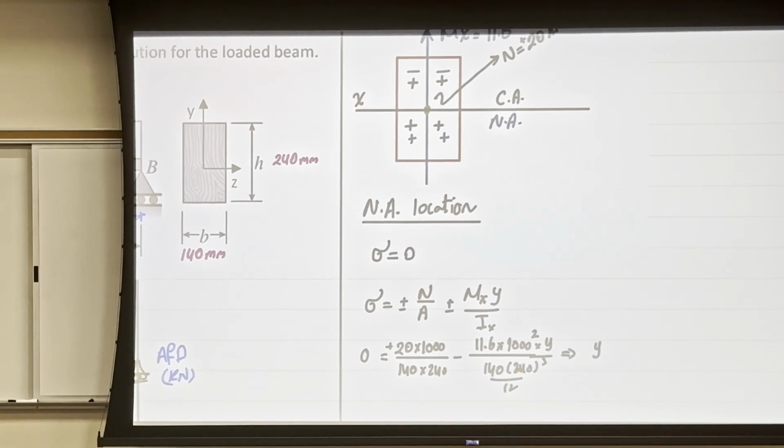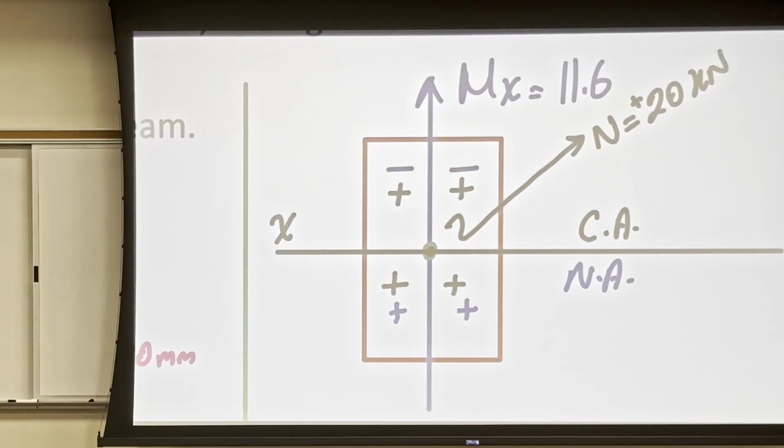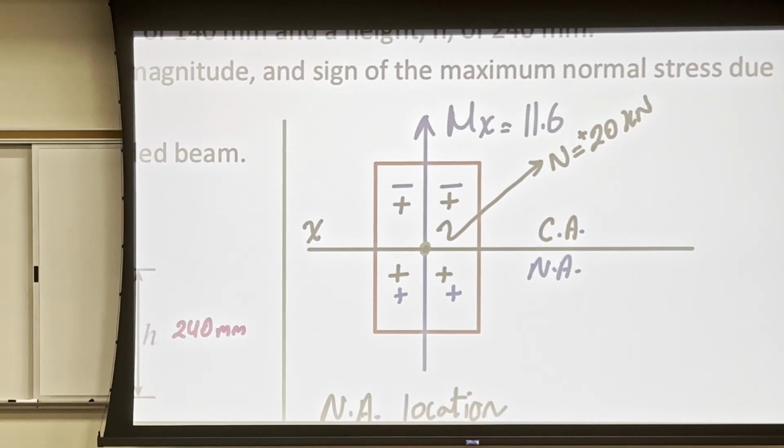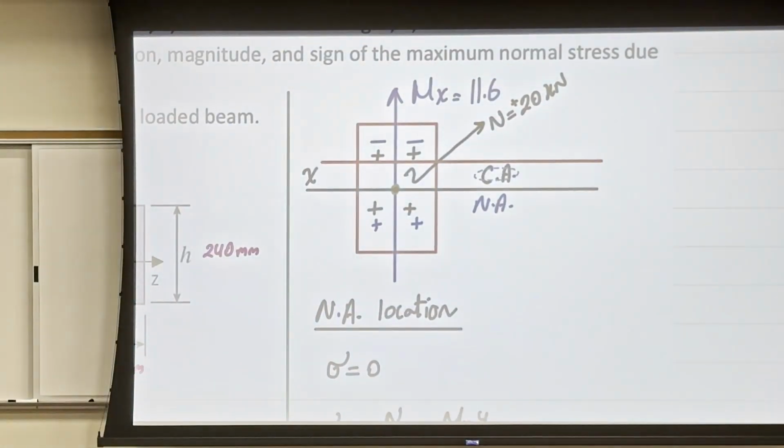If you plug it in your calculator, you get y equal to 8.27 millimeter. So now I know that the neutral axis is somewhere above the centroid. Instead of assuming that the neutral axis was here, now this is the neutral axis. So now the centroid is that line.